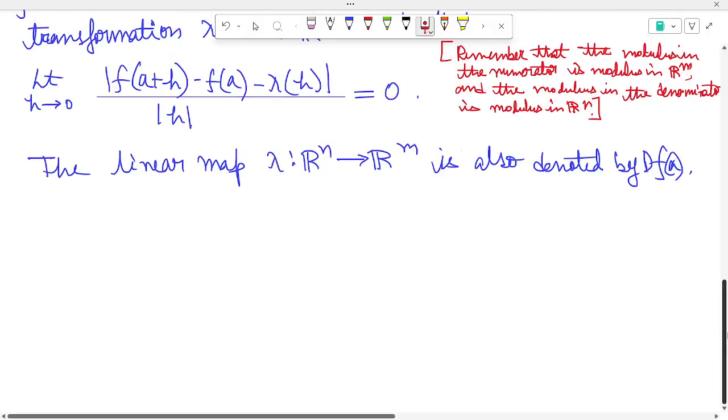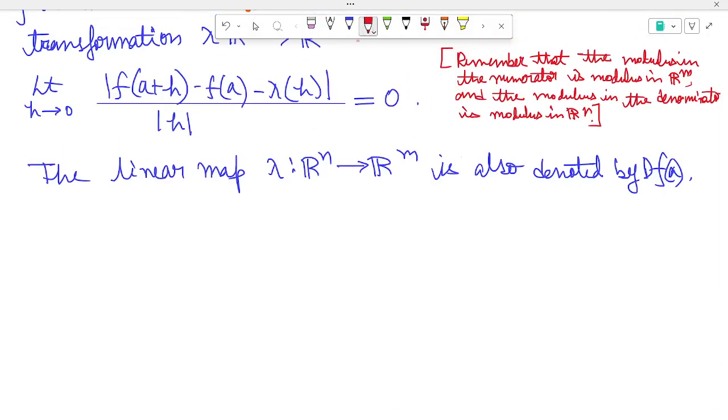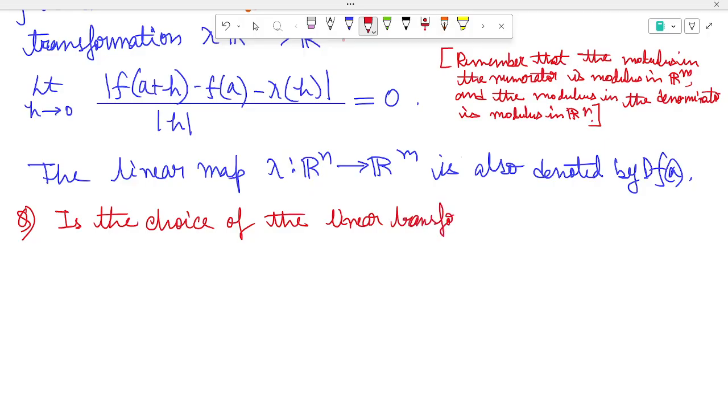But a question can come: is the choice of the linear transformation lambda unique or not?